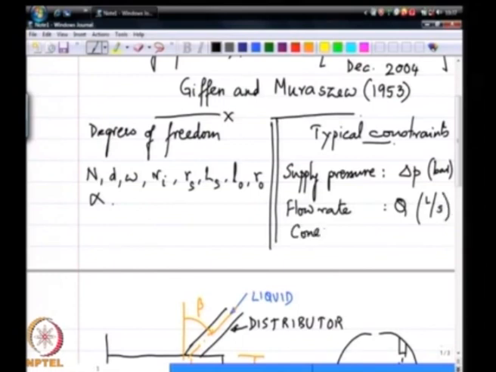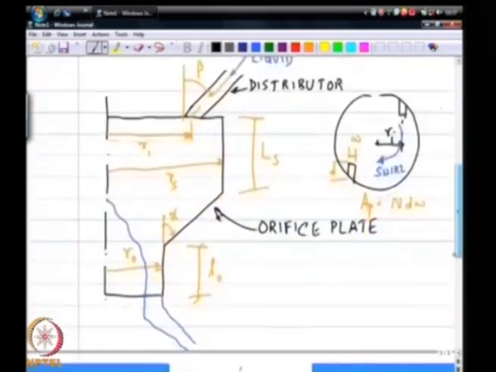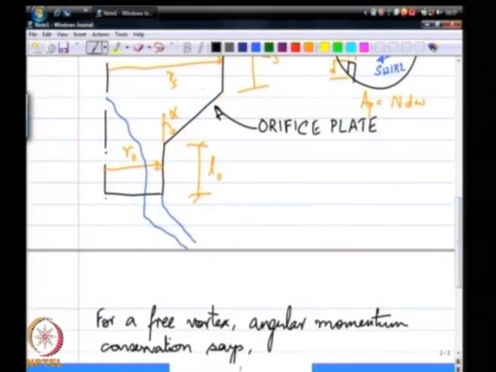I have a certain cone angle that I require, say for example, in this schematic it could be that angle there of the liquid sheet exiting the nozzle.